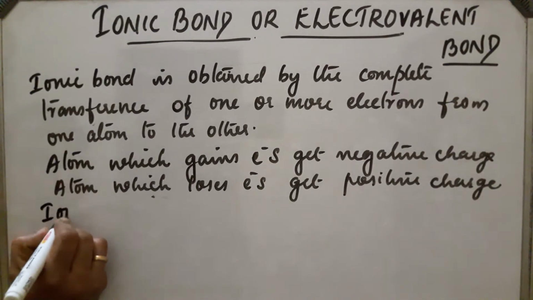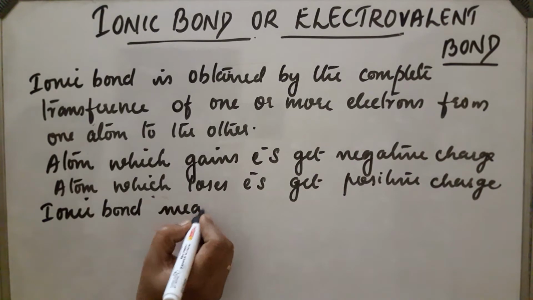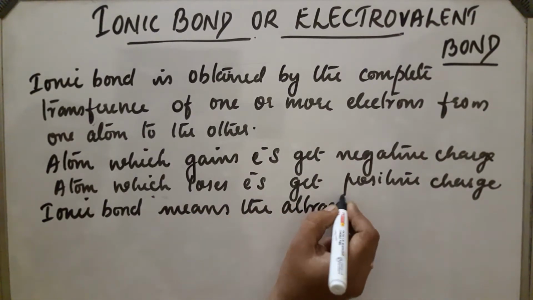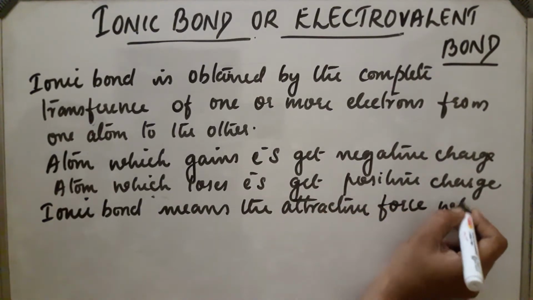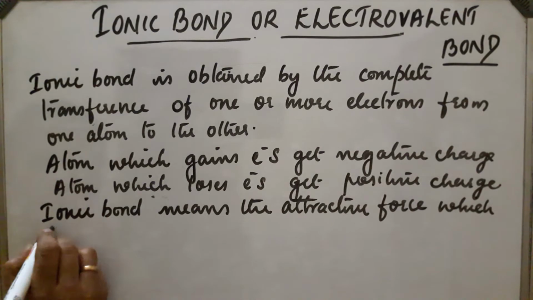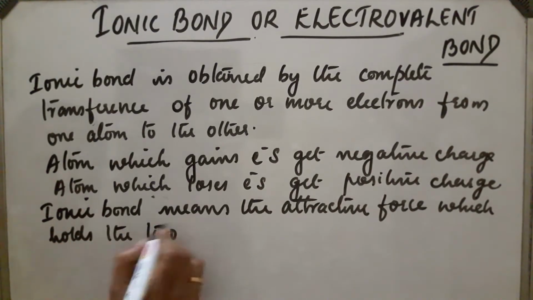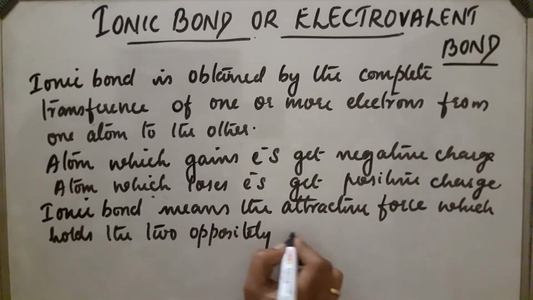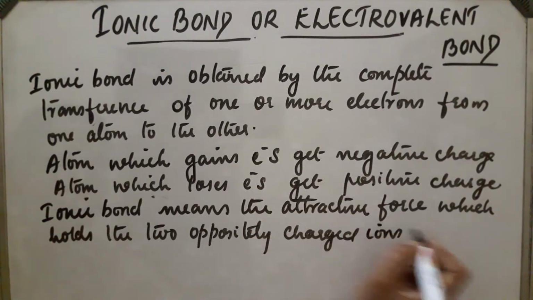So ionic bond means the attractive force which holds the two oppositely charged ions together.